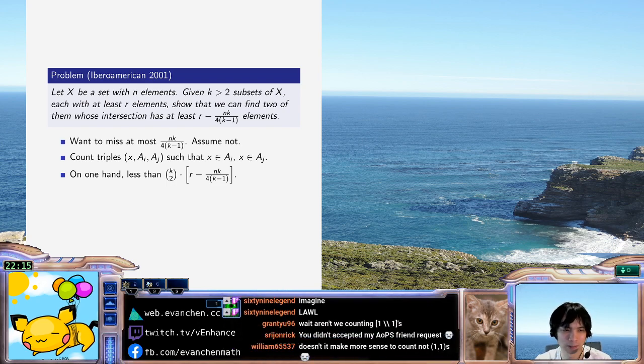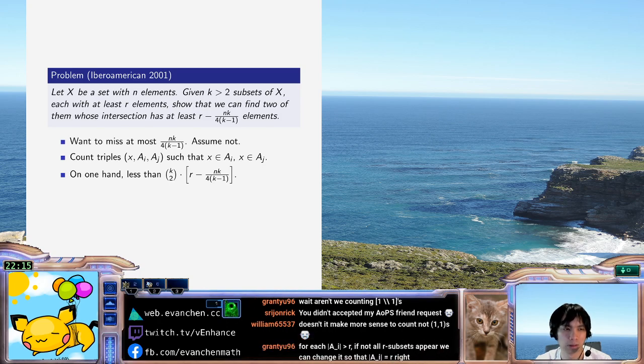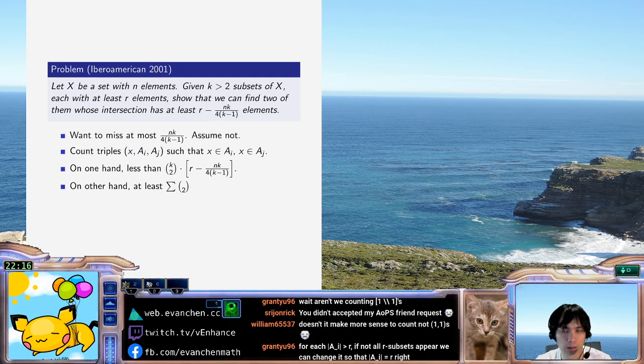On the other hand, it's at least something, right? You expect some intersections because of Jensen. So it's the sum of something choose 2. What is that something? It's the average number of sets in each column.